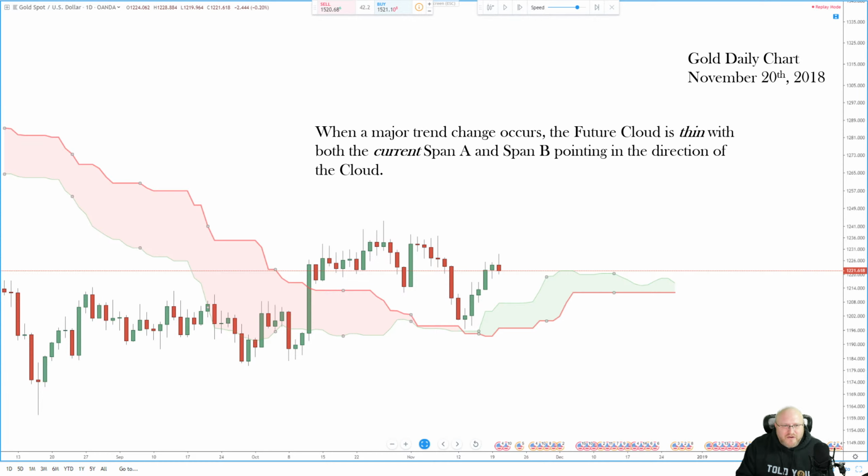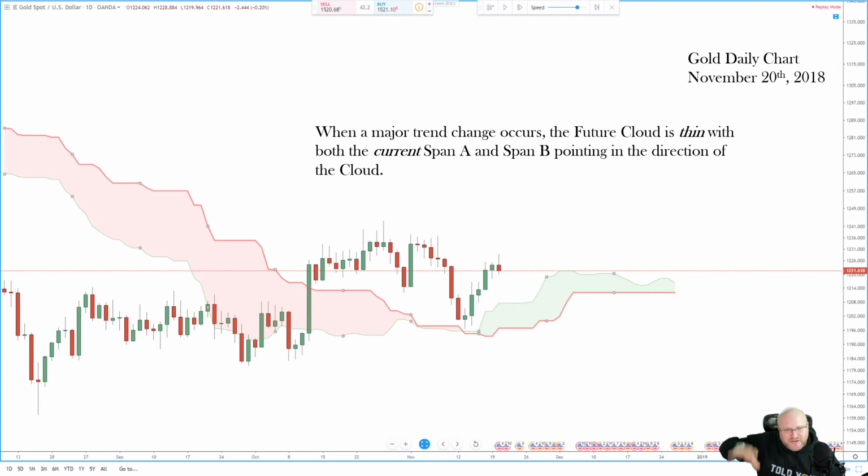You have the current cloud, which is where price is currently trading. So when you're looking at the screenshot, that red candlestick, the current cloud is what's below it. The future cloud is what's all the way up ahead. I don't know how else to describe it. It's out there in front where price has not traded yet. So that's the future cloud.